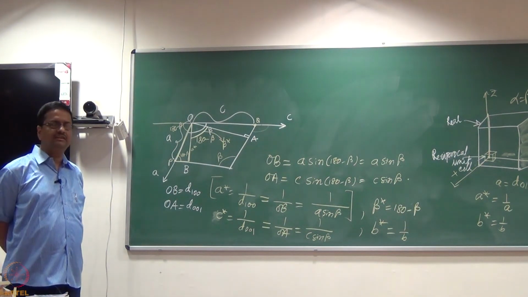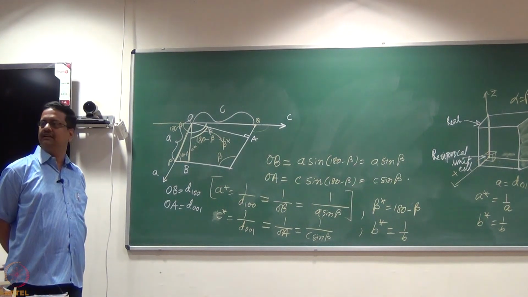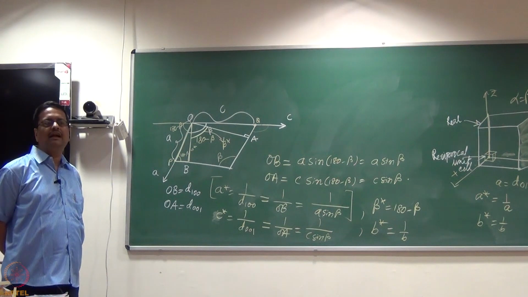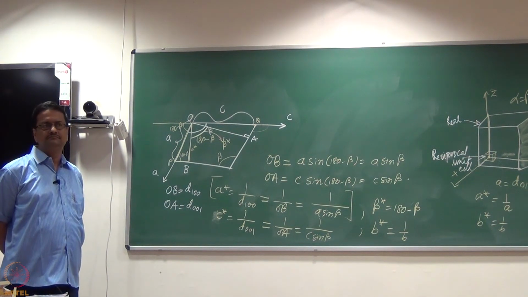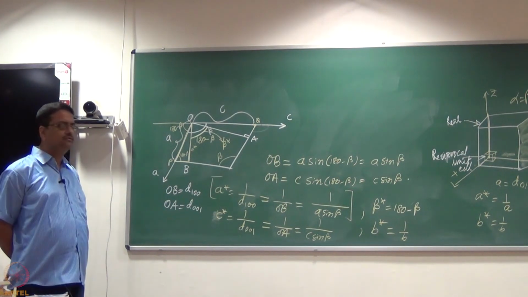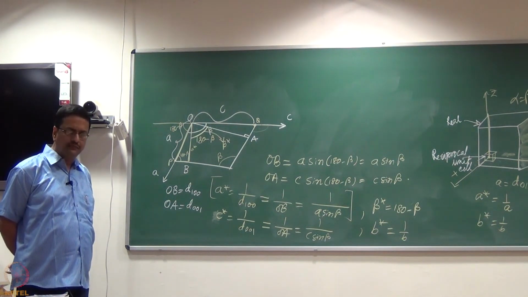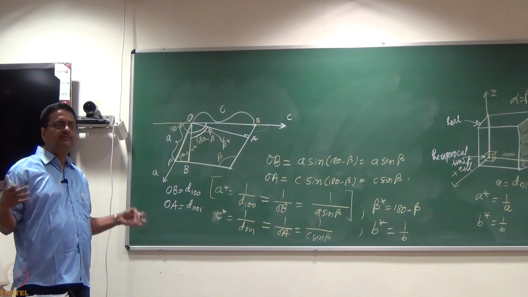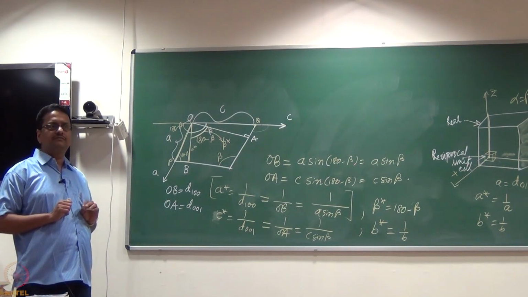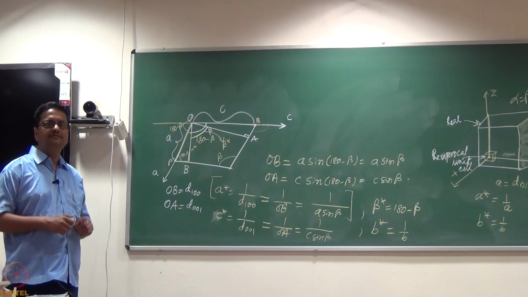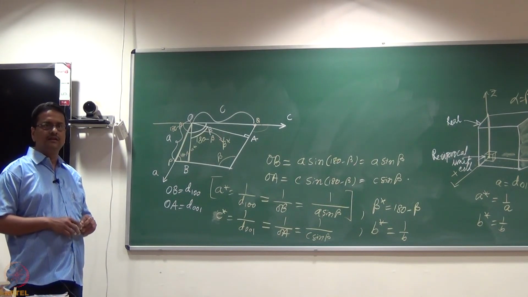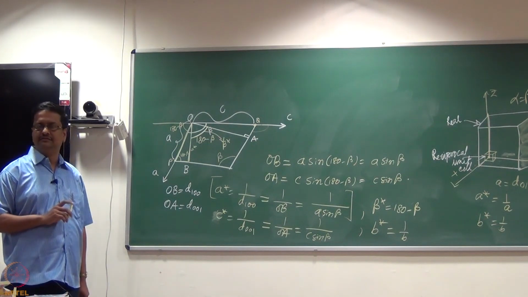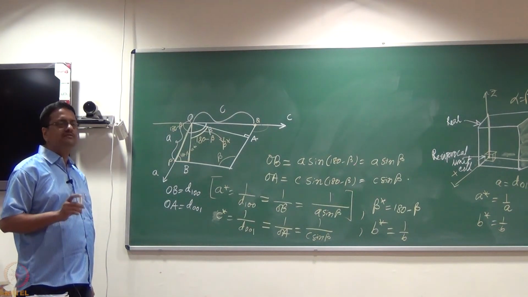Sine alpha, sine beta, sine gamma, sine alpha, sine gamma, and also two among A and C and all that. So I would like you to go through the textbook and see the formula. You will get a better idea. I don't want to derive those because we have to do something else in the class. So this is how one can derive the reciprocal lattice constants for different unit cells.